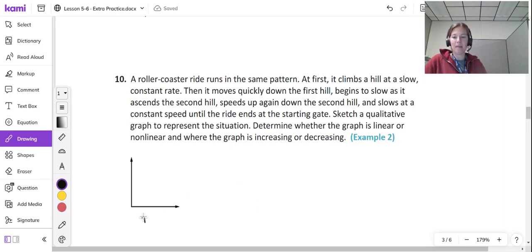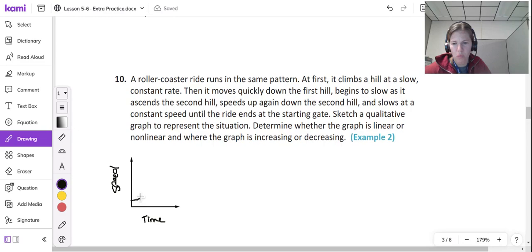So time is going to be on my x-axis, and that's going to continue the whole way. Okay. If we are doing speed of the roller coaster, it says the roller coaster runs the same pattern. At first, it climbs a hill at a slow, constant rate. Okay, so time goes on.